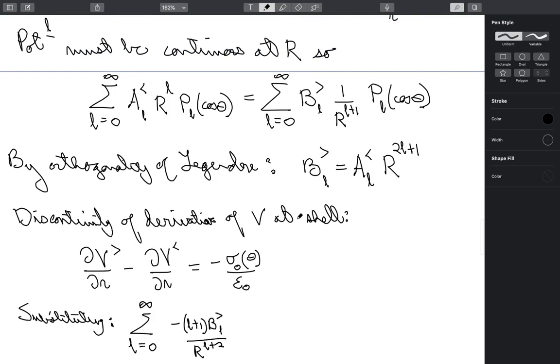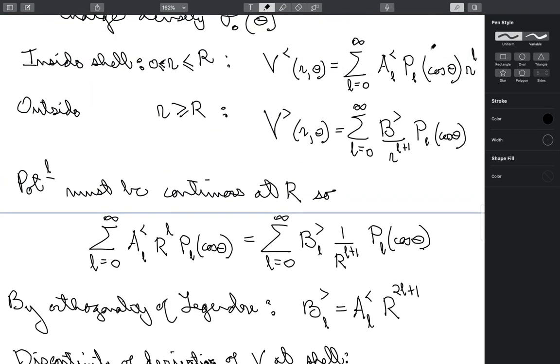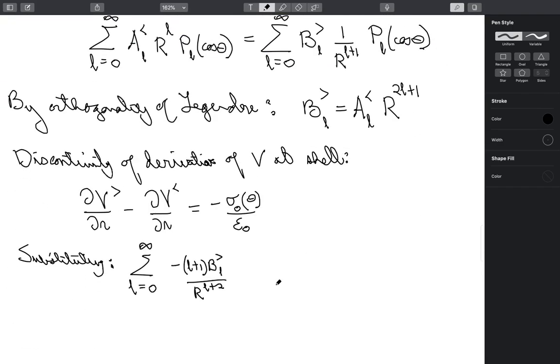Okay, and now the inner one was this function here with R to the L. Got a minus sign here, so that's another minus sign. So minus now L, inner L, but then the big R to the power L minus 1. Okay, so this is all summed, yeah? This has to be equal to minus sigma 0 of theta over epsilon 0.